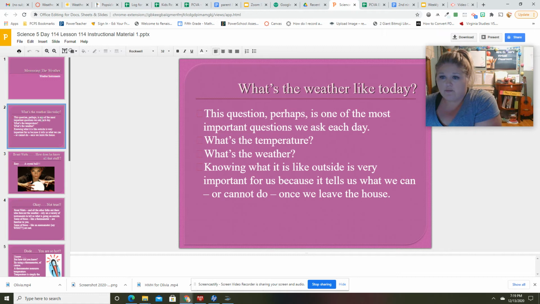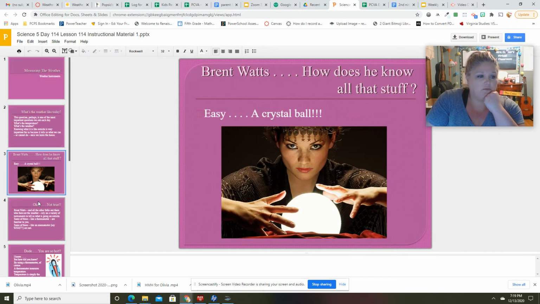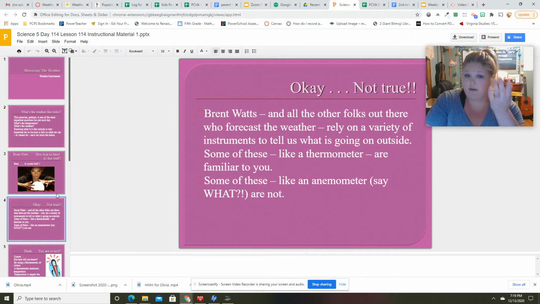So we look at this stuff and we use it, but there's somebody that gets that information for us, and those are called meteorologists. So meteorologists like Brent Watts, they use all of the information at their fingertips.